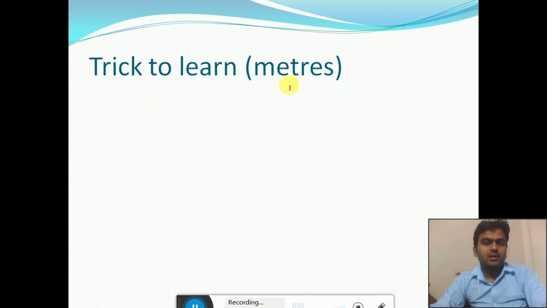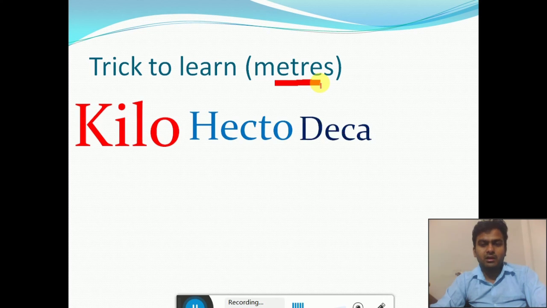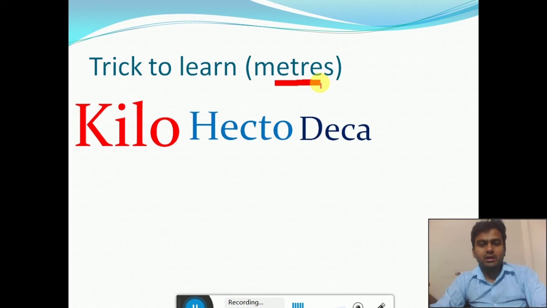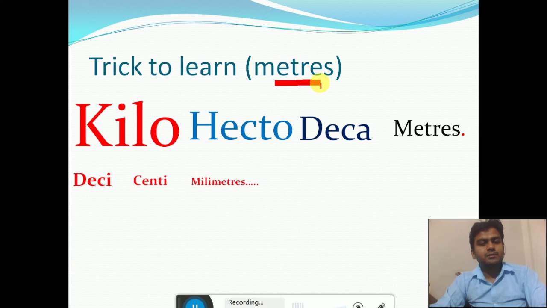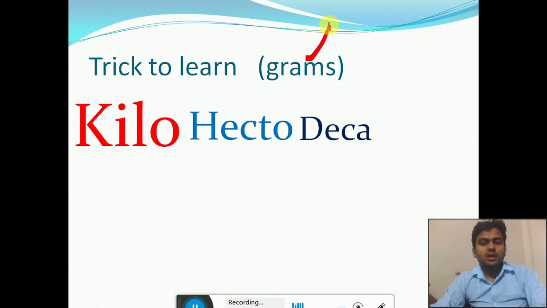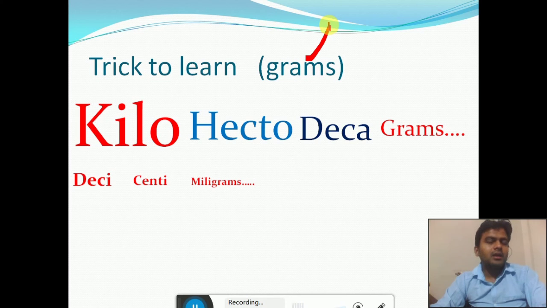Let's see. In the case of meters, you can learn it like a poem: kilo, hecto, decameters, deci, centi, millimeters. And next for the grams: kilo, hecto, decagrams, deci, centi, milligrams.